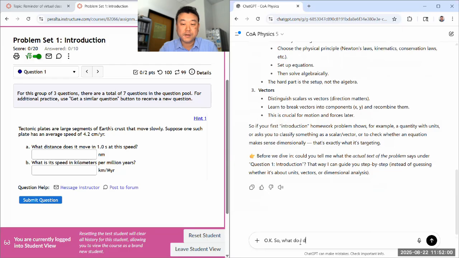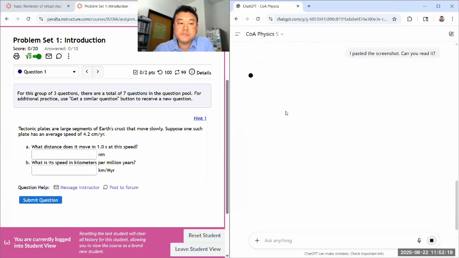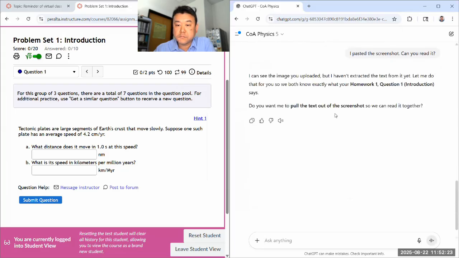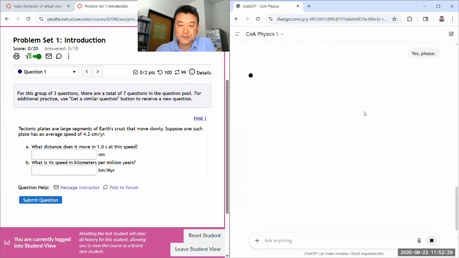So what do I do? Oh wait, actual text the problem says. I pasted a screenshot. Can you read it? Okay. Yes, please.